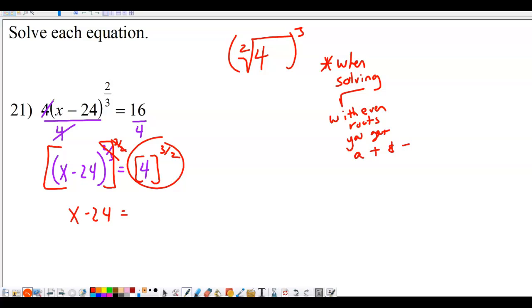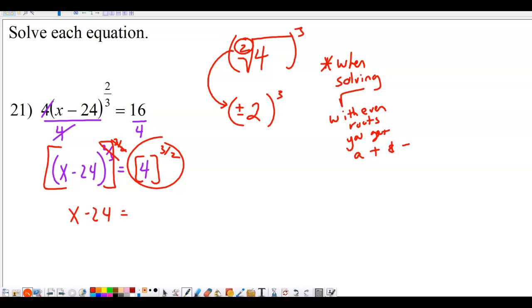We know the square root of 4 is 2. But just take the square root like you normally would. You could break it down and take out the pairs, or you could just know, oh, the square root of 4 is 2. That doesn't matter. But what does matter is that since we have an even root, we're going to get a plus and a minus answer there. If you have an even root, just know that after you take the root, you get 2 answers, a positive and a negative.